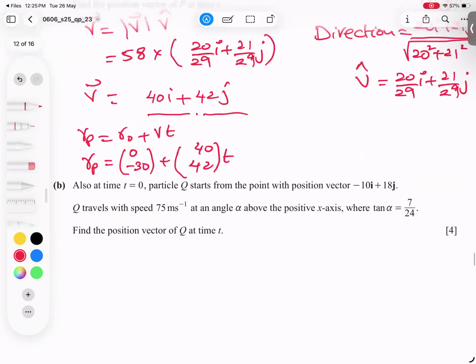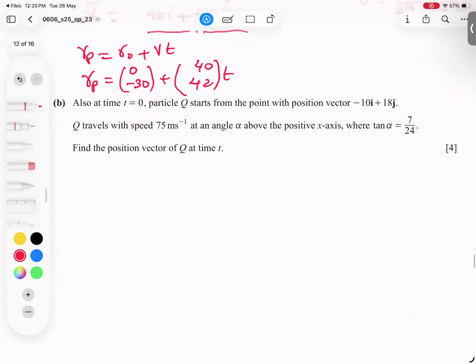Now let's talk about the second part. At t0, Q starts from this point. So P starts from this point, Q starts from this point. The starting point R naught is very clear: negative 10 and 18. He said the speed is 75. Again, I said the velocity vector consists of two parts, magnitude into direction.